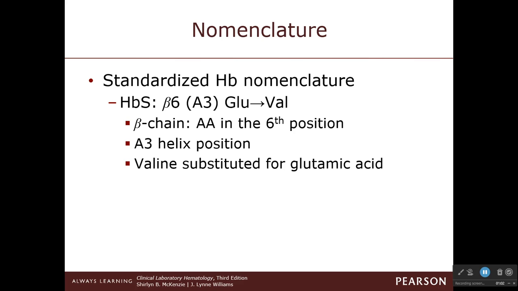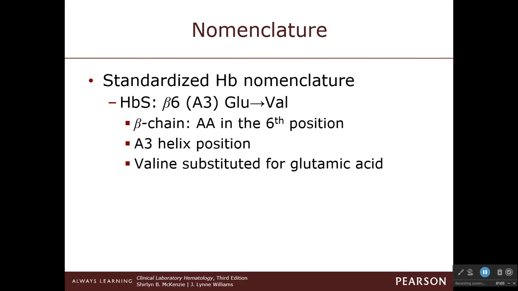What it's saying is we know that in the 6th position of the beta chain at the A3 helix, okay? Probably should have talked about this in chapter 6 when we're talking about hemoglobin.